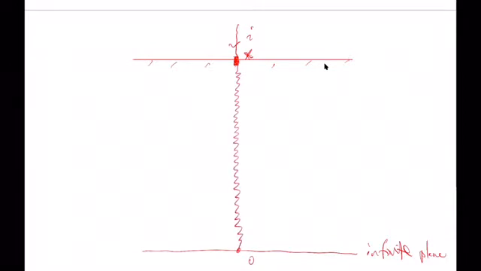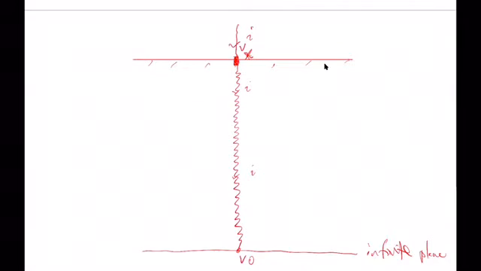The same current will flow inside there, and when the current flows, there will be a voltage drop at every point. So from Vx it goes to V0. Vx is maximum and V0 is minimum.